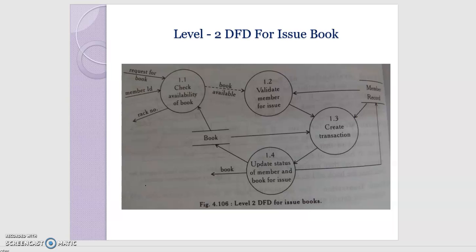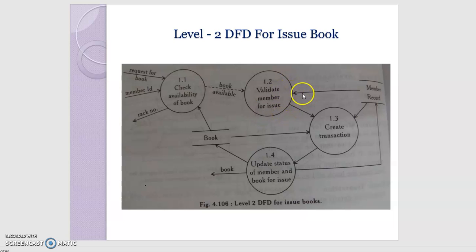The next is the level 2 data flow diagram. It will extend every module in detail. In a level 2 data flow diagram, you have to consider every module in detail. Here you can see the first module is elaborated as check availability of book, then validate member for issue. If the book is available, then it will validate the member for issue.